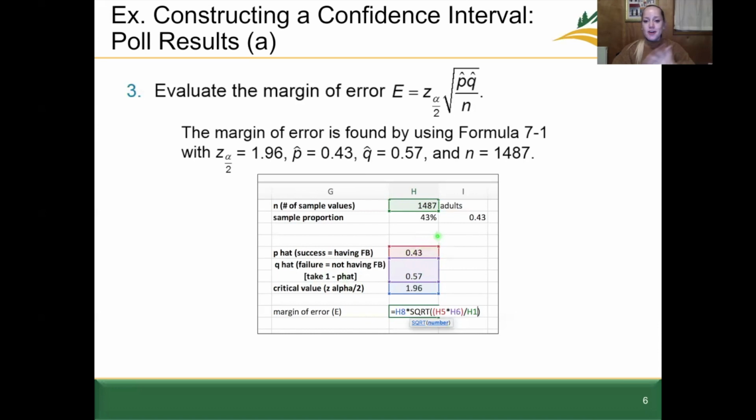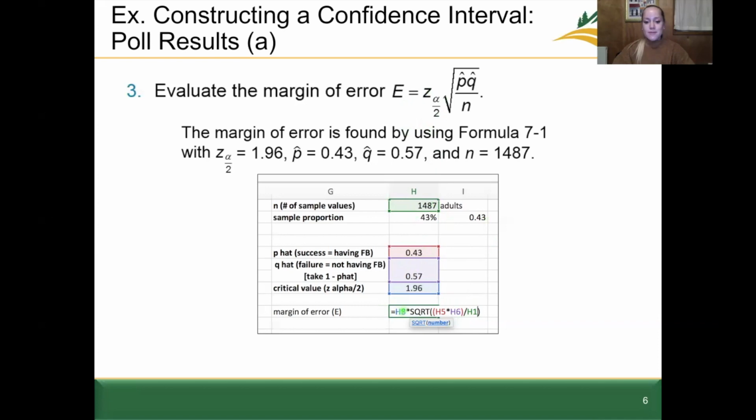So now I have all the information I need to solve for E, the margin of error. Because I want to use Excel for my calculation, I also put in this 1.96 here just to have all of my numbers right next to one another. So when I start solving for the margin of error, or E, I can have all my numbers visible. I know that E, the margin of error, is equal to z subscript alpha over 2.